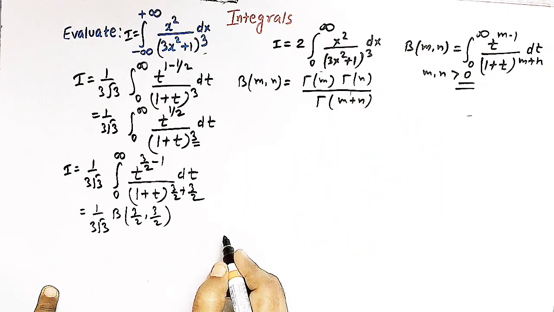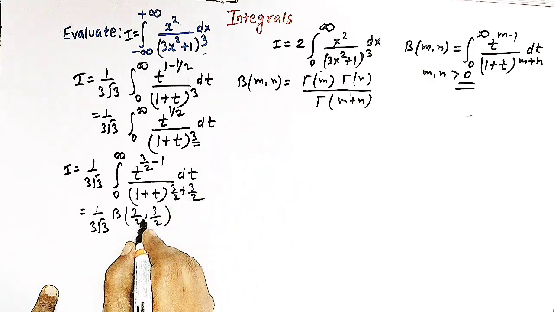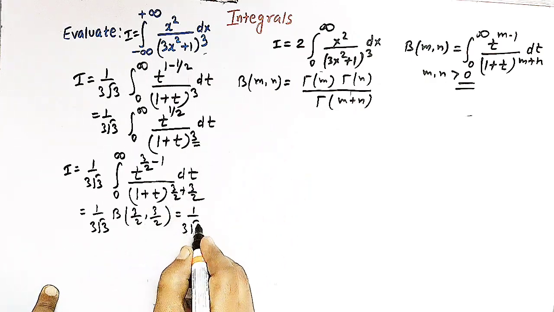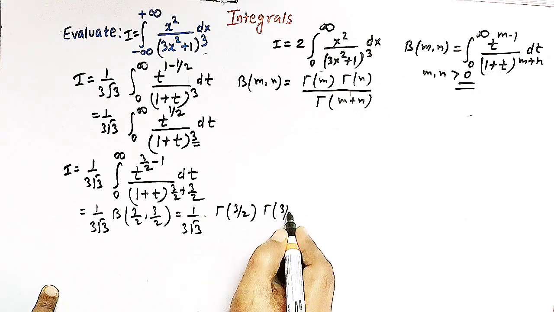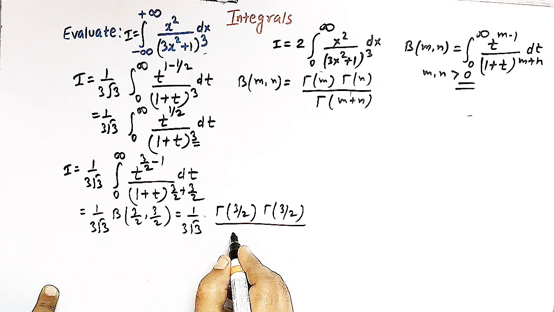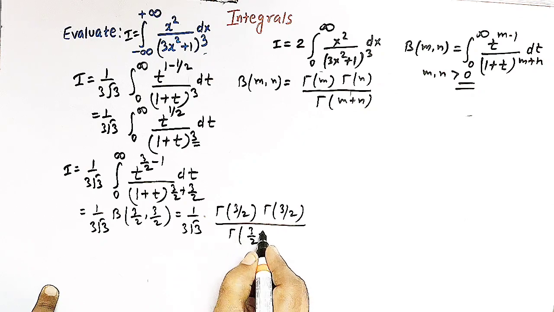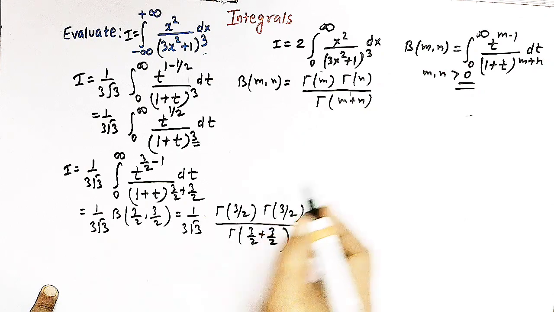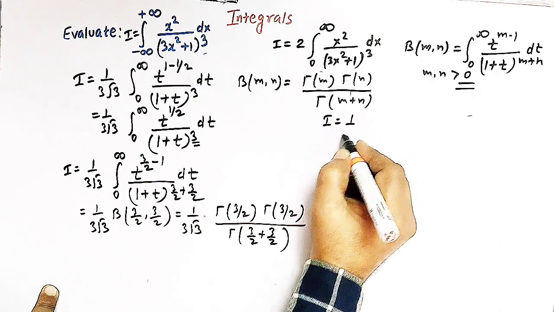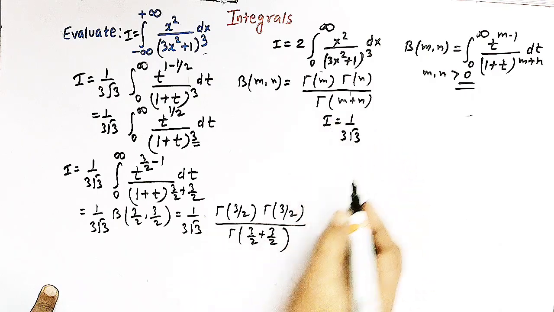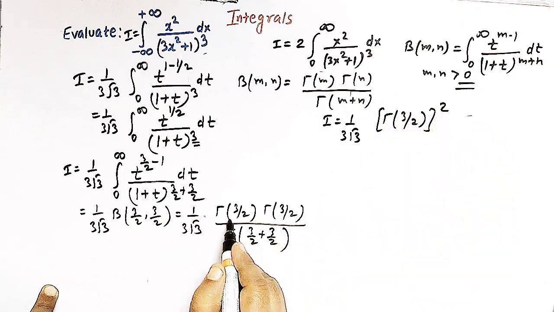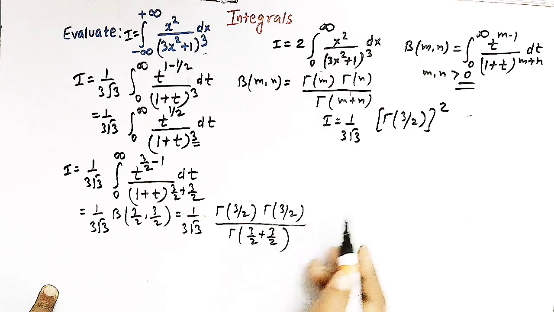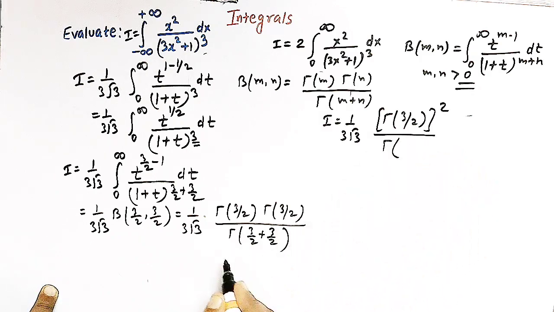So here we can now write 1 over 3 root 3, and then we have gamma 3 by 2, gamma 3 by 2, and in the denominator we have gamma 3 by 2 plus 3 by 2. So now I is equal to 1 over 3 root 3, gamma 3 by 2 square, because both these terms are equal, and in the denominator we have gamma 3, since 3 by 2 plus 3 by 2 is 3.